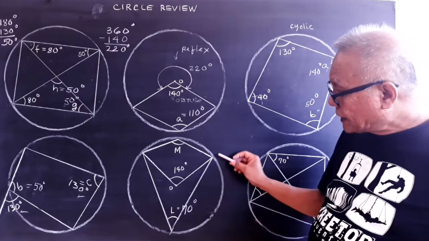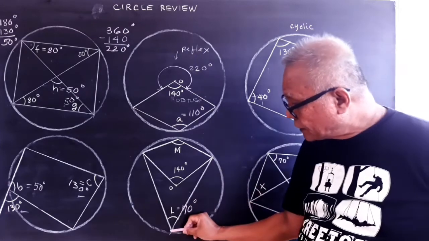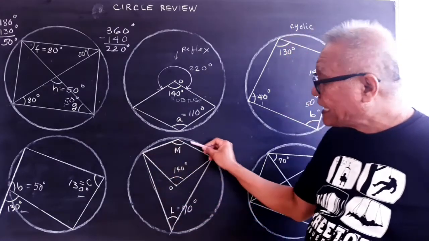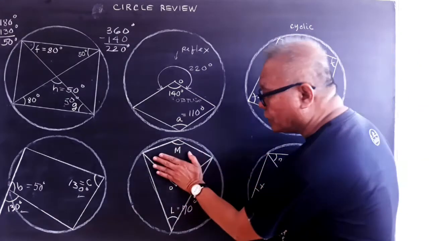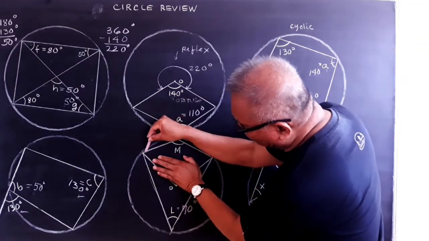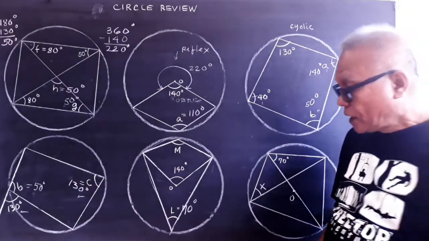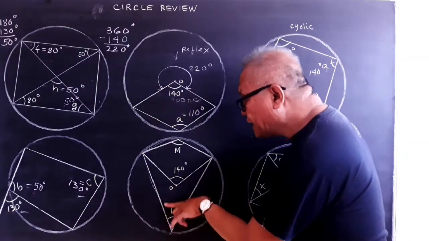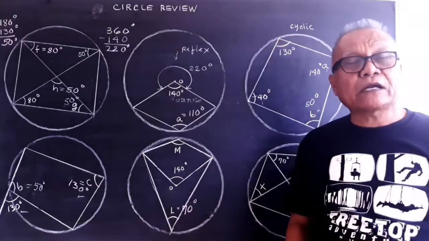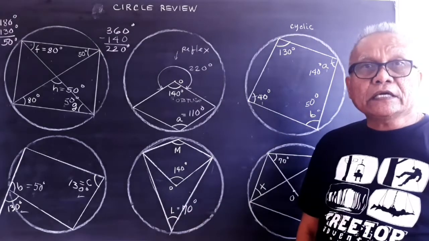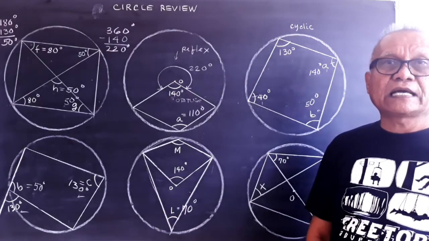After that, what do you see here? You will see a cyclic quadrilateral. If you remove this one, you see a cyclic quadrilateral: 1, 2, 3, and 4. Now, this angle L here and that angle M there are opposite angles of our cyclic quadrilateral.